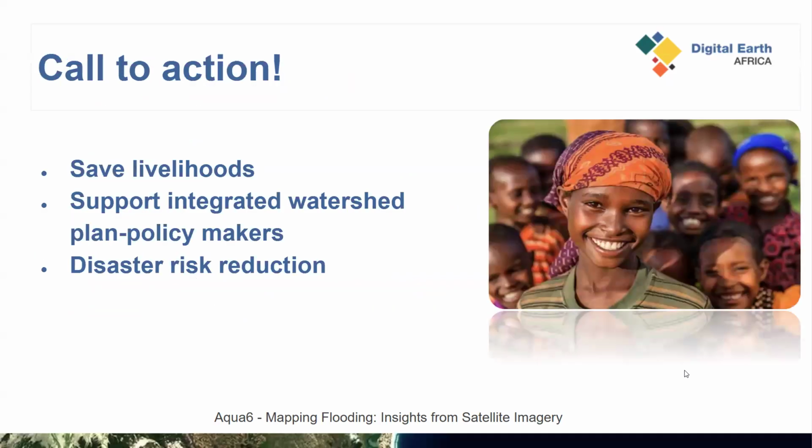So basically, this is a response to a call to action. We want to save livelihoods. We want to support integrated watershed plan policy makers, and we want to reduce the risks that flooding disasters bring with them.